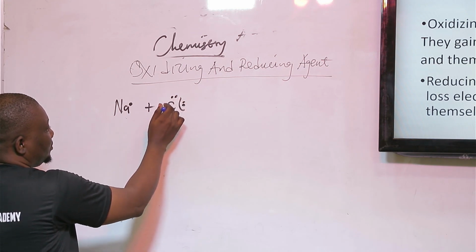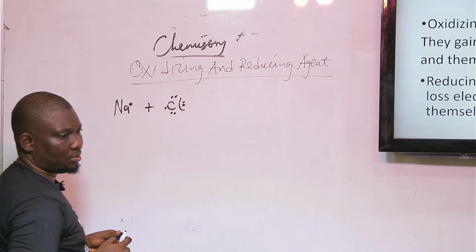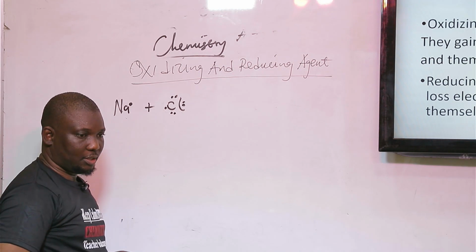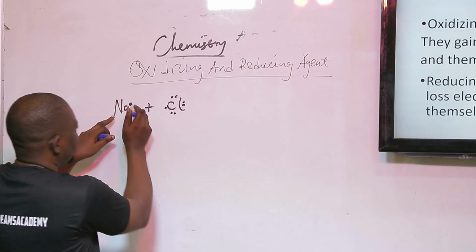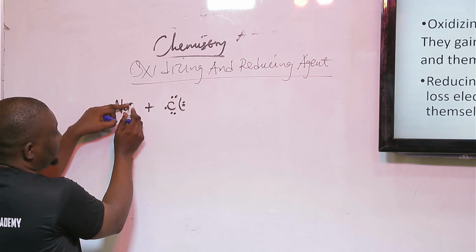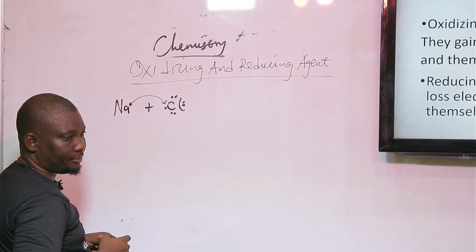Now, which of these two will lose an electron? Sodium. So it means that electrons are being transferred from sodium towards chlorine.